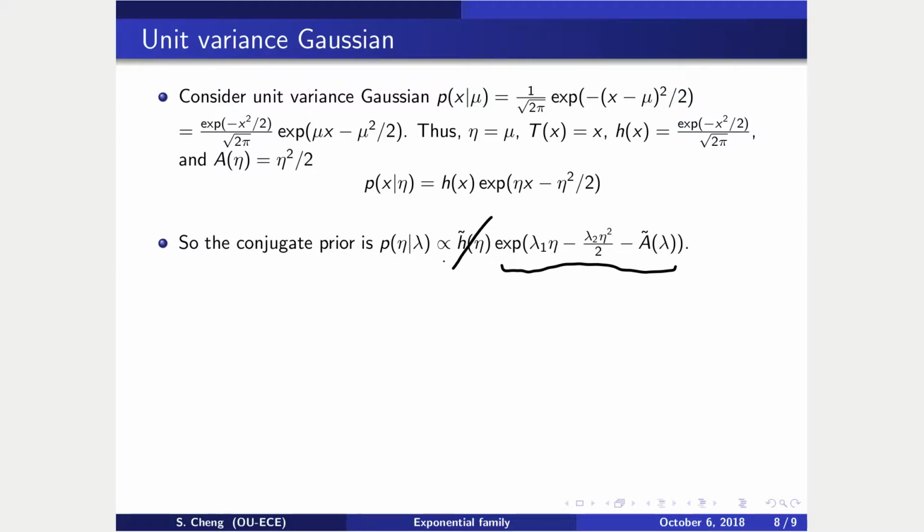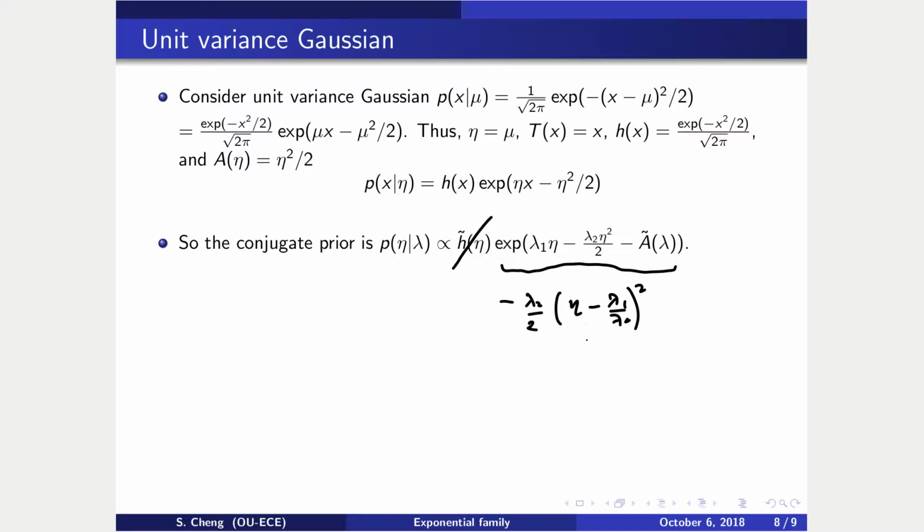This is just the PDF of eta when eta is Gaussian distributed. And by completing the square, I can find the mean and variance of this distribution of eta. So this is basically just minus lambda 2 over 2 times eta minus lambda 1 over lambda 2, squared.